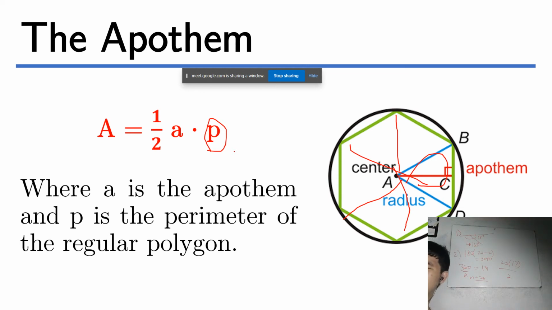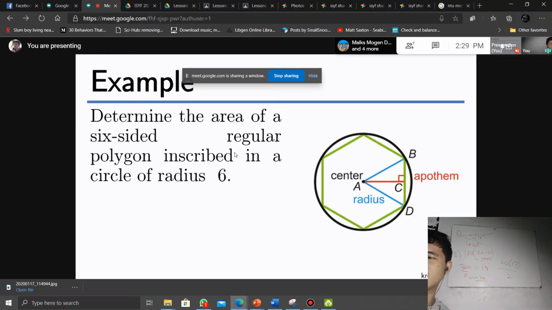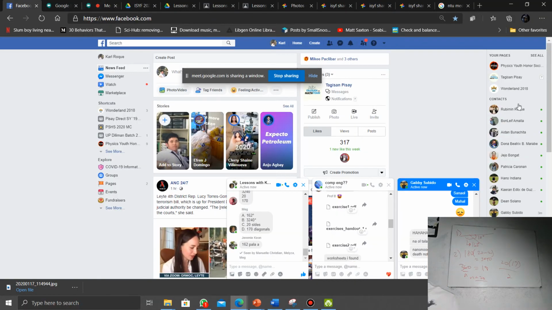Okay. Next. Ngayon, sige. Determine the area of a six-sided regular polygon inscribed in a circle of radius 6. Sige nga, guys. Send your answer sa group chat. 1 minute lang.